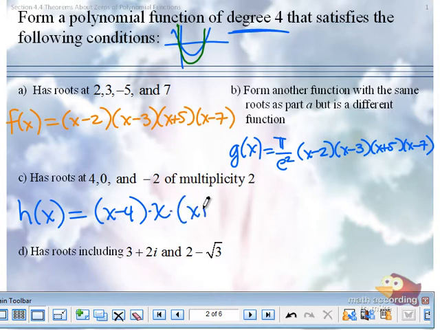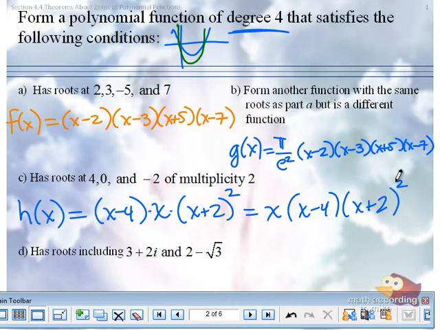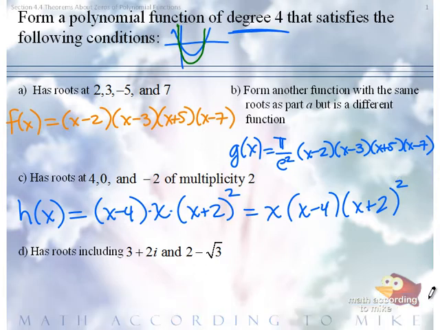X plus 2 quantity squared. Now, we're used to having it rearranged, so you might see it as x, x minus 4, x plus 2 quantity squared. The rearrangement's completely up to you. They mean the exact same thing. I don't care. Questions?